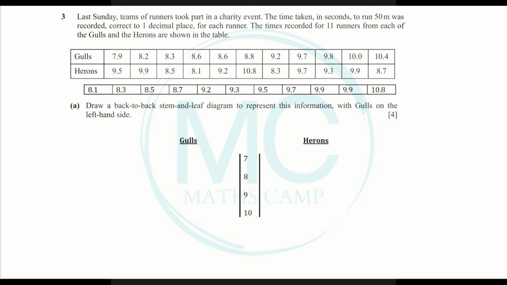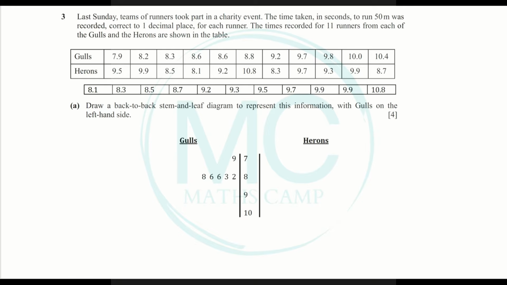And now we can fill in our leaves. We write our values in ascending order outwards from smallest to biggest. Let's start with the gulls. The gulls have a value of 7.9. I can put 9 over here. Then we have 8.2, 8.3, 8.6, 8.6 again, and 8.8.